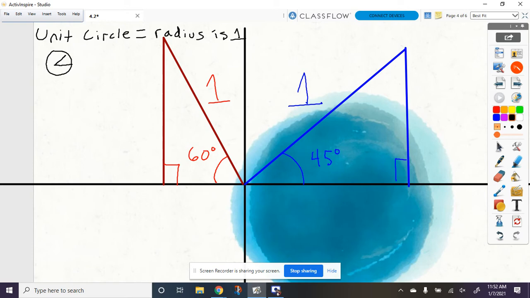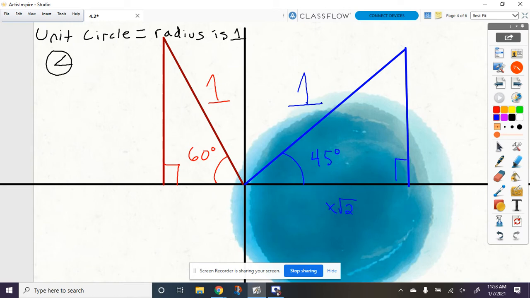All right. So if I know that my hypotenuse is 1, so I have a 45-45-90 triangle, what was the formula for our hypotenuse? x square root of 2, right?